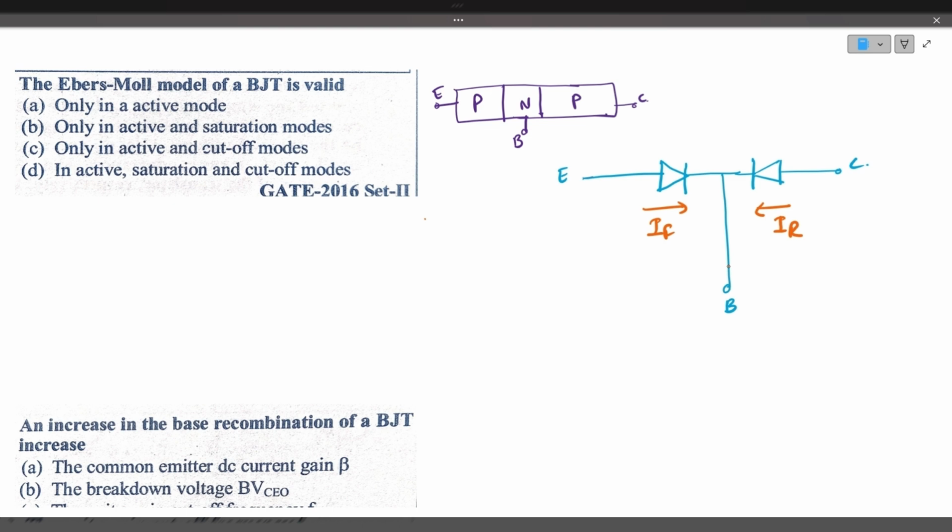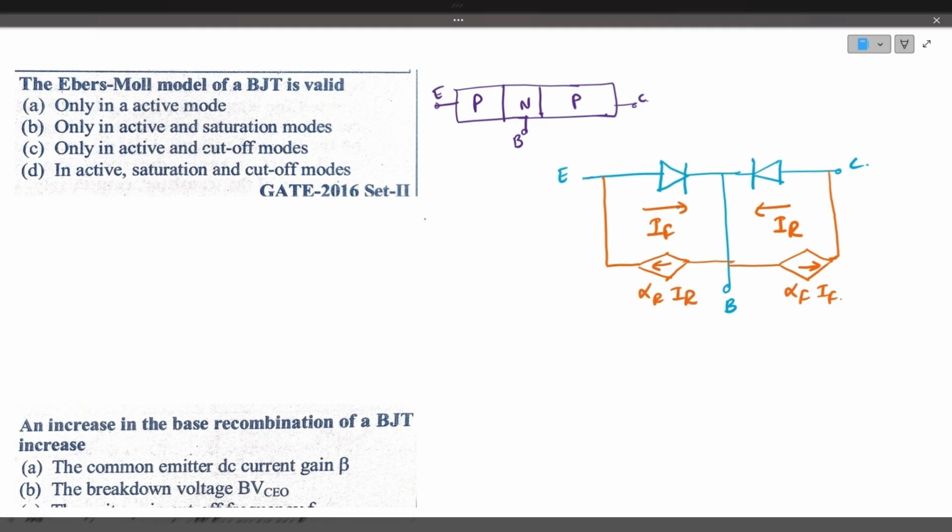That amplification factor is alpha F, so the component is alpha F IF. Similarly, this reverse current also gets amplified and projects out of the emitter. This current component is alpha R IR. These are the 4 components that we have.